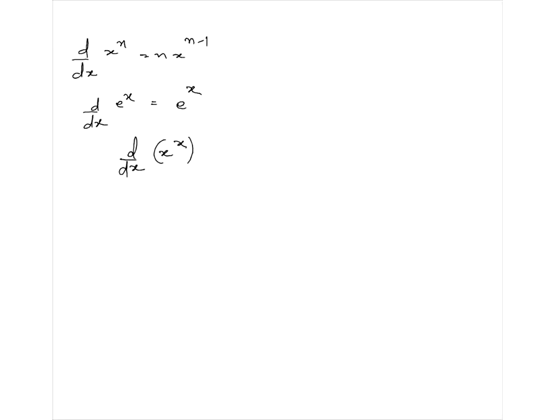Exponential function it is called. So I think from physics perspective, this should be enough. And let me illustrate to you how what we have discussed regarding calculus, differentiation part, could be applied in physics.